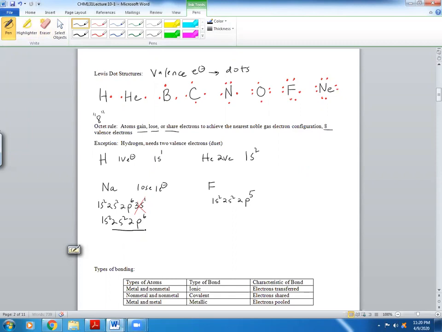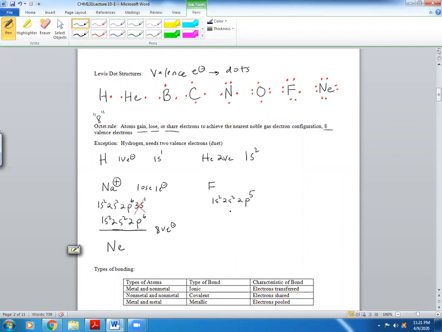So if you add up these two, that would be 8 valence electrons. Which, by the way, is neon. If you look at the electron configuration of neon, it is 1s2, 2s2, 2p6. And that makes sodium now what? Positive. And that's where the charge comes from.